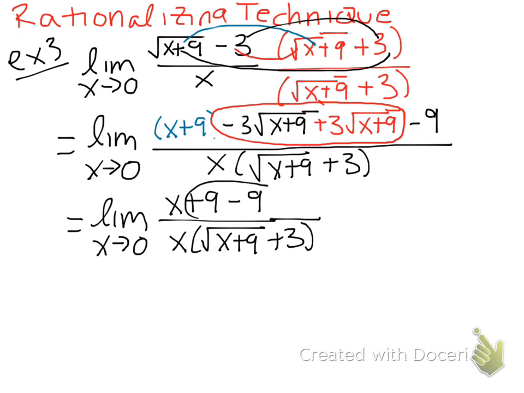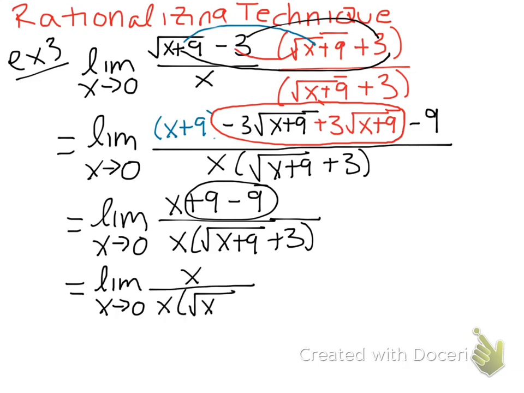Combine like terms again, there we have a 0. So we've now rationalized the numerator. That radical is not there anymore. Now it's moved to the bottom. But the important part is that on the top and on the bottom, we have a matching factor of x, and those can divide out.